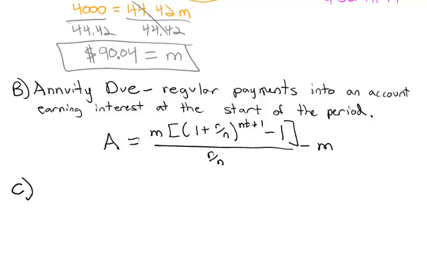And the second half is, instead of earning interest for yourself, you're going to be paying interest on somebody else. These are called installment payments that are made on loans.